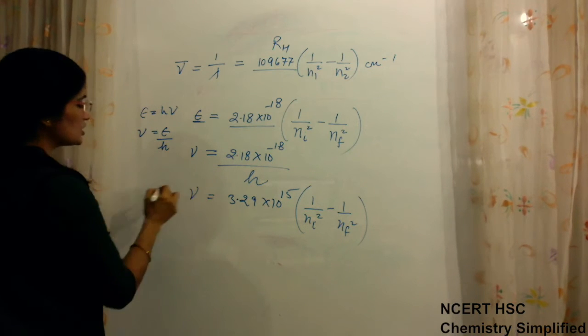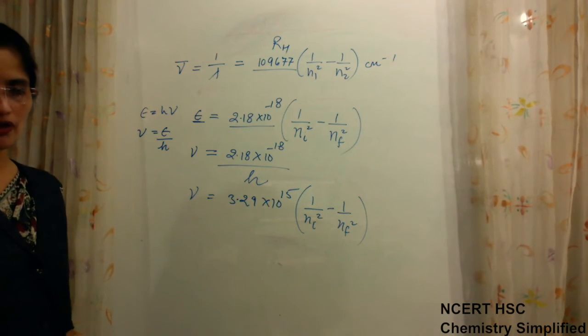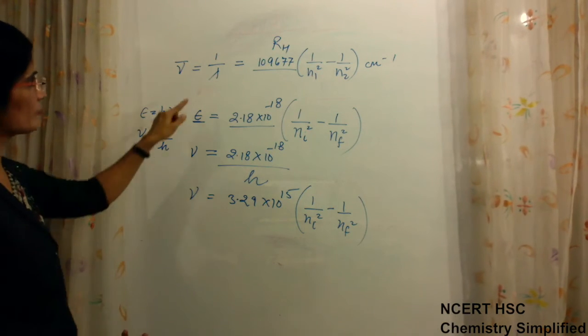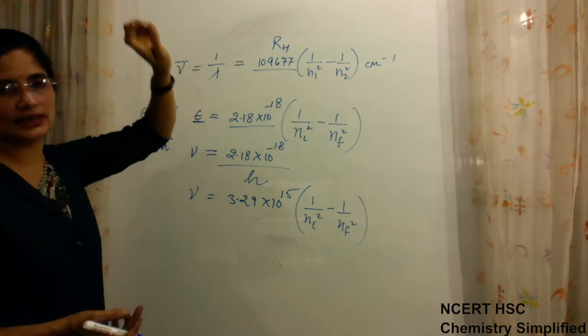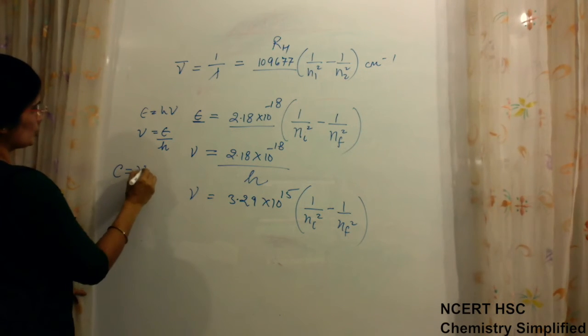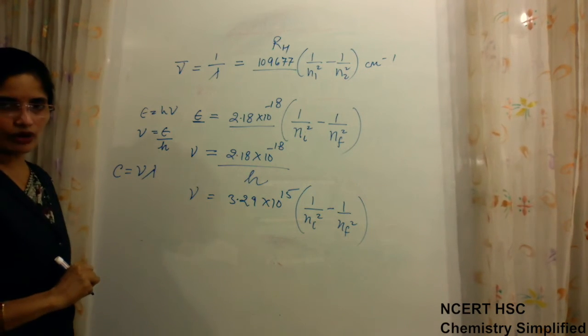Okay. Now this formula has been converted in terms of frequency. Now if I want to convert this formula in terms of 1 by lambda, what do I need to do? C is equal to nu lambda. This is the formula.